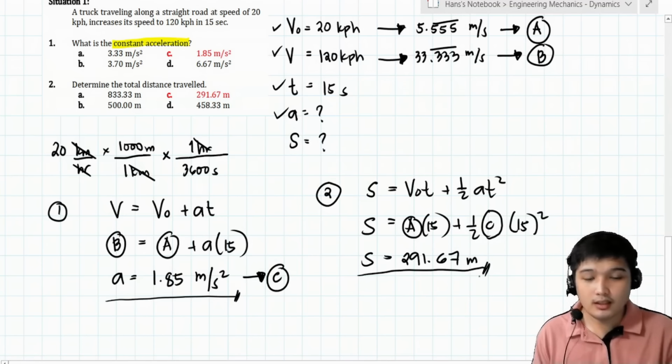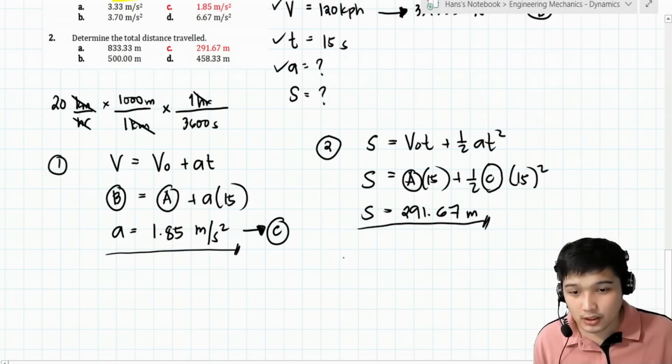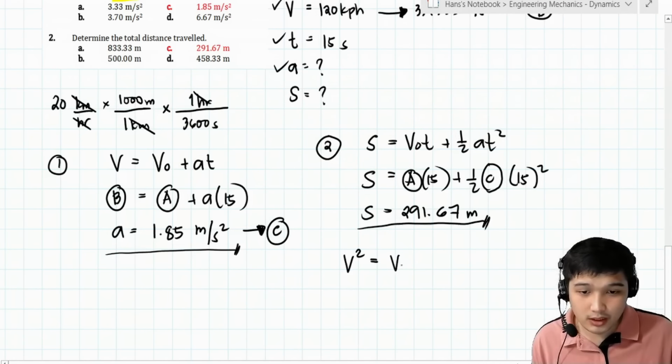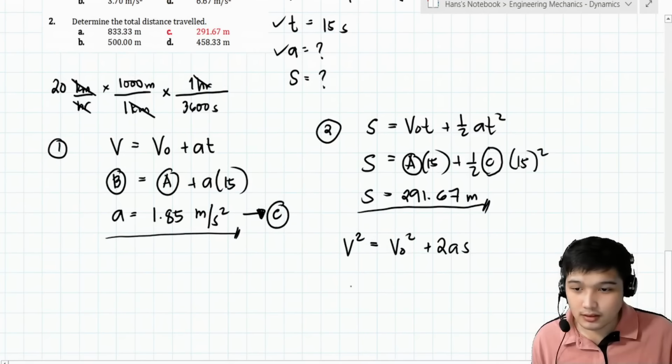So, correct. So, what if we don't want to use yung time t, no? So, another relationship is what? Yung final velocity squared is equal to the initial velocity squared plus 2as, no? So, this one is what?